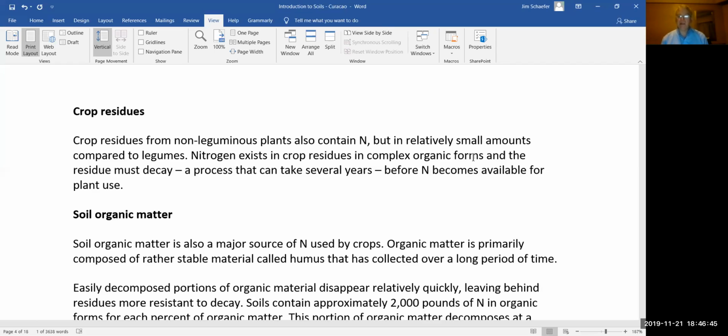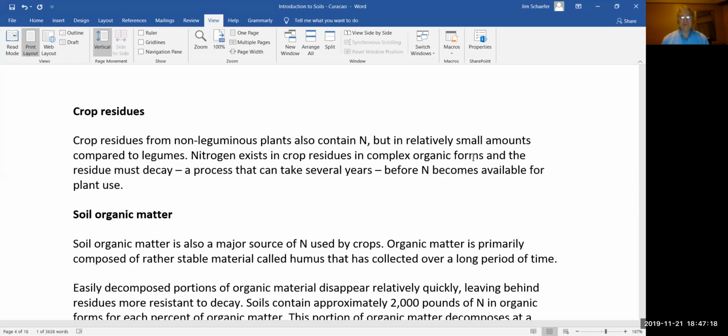And in organic chemistry, there are basically four chemical categories. The first one would be proteins, carbohydrates, fats, and fibers. Those are the four classic categories that you'll find in organic chemistry.